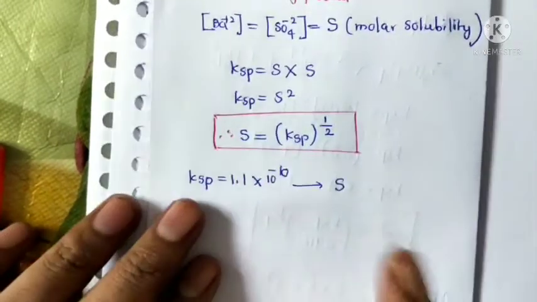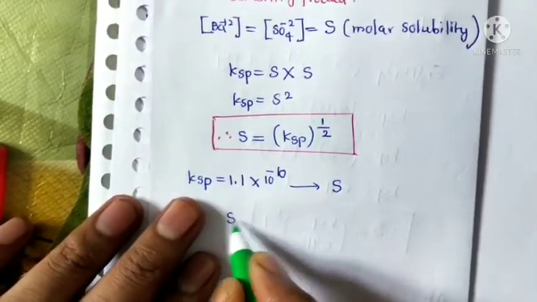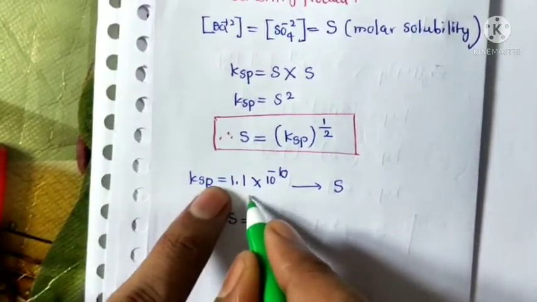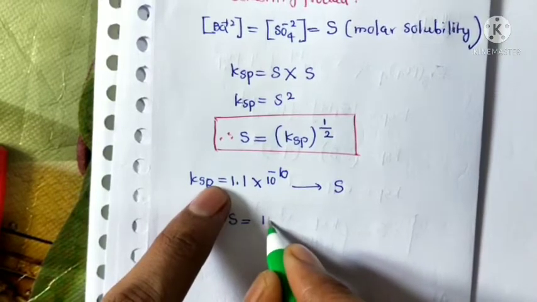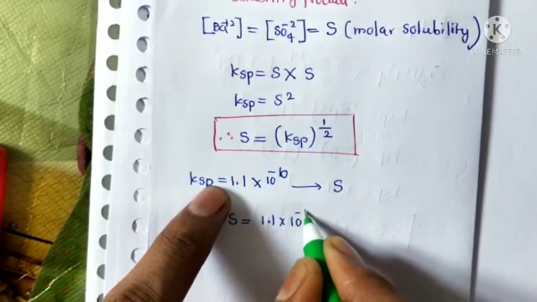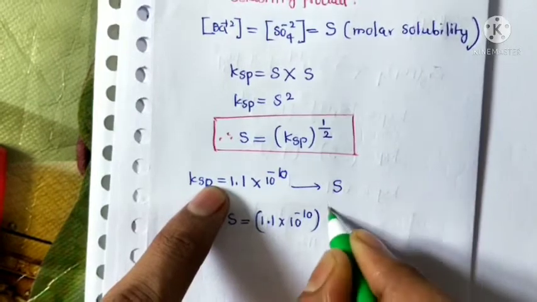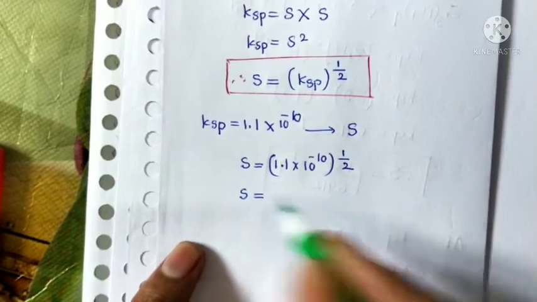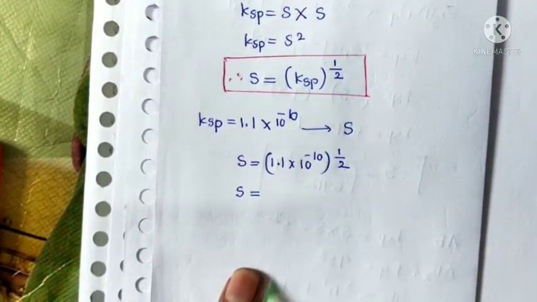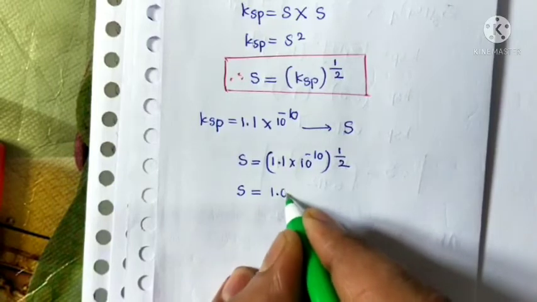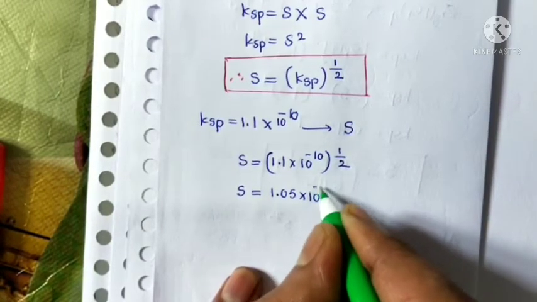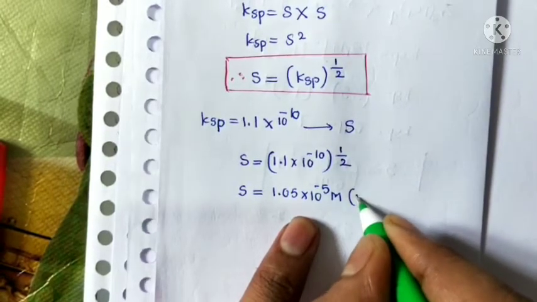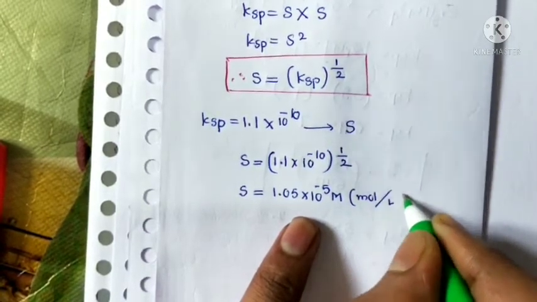So what is the equation here? S equals KSP whole power 1 by 2. The KSP of barium sulfate is 1.1 into 10 to the power of minus 10, whole power 1 by 2. So from this, the solubility of barium sulfate is 1.05 into 10 to the power of minus 5 M, meaning moles per liter.